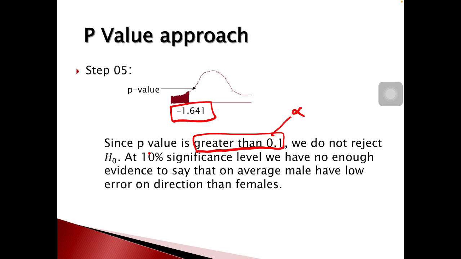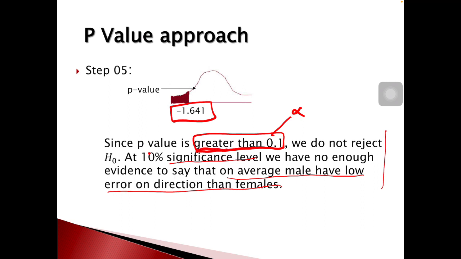So we do not reject H naught, we cannot reject H naught. At 10% significance level, we have not enough evidence to say that on average males have a lower error on detection than females. Okay, this is the interpretation.